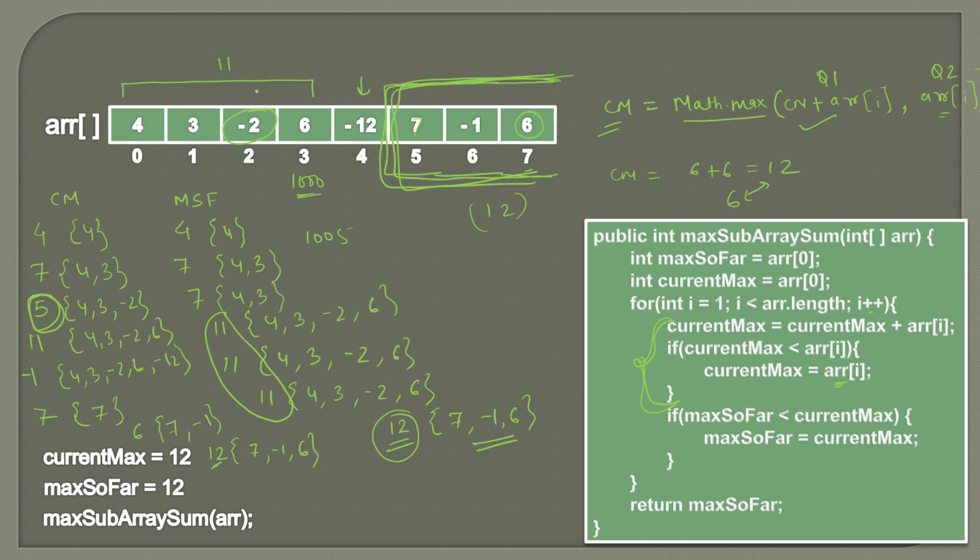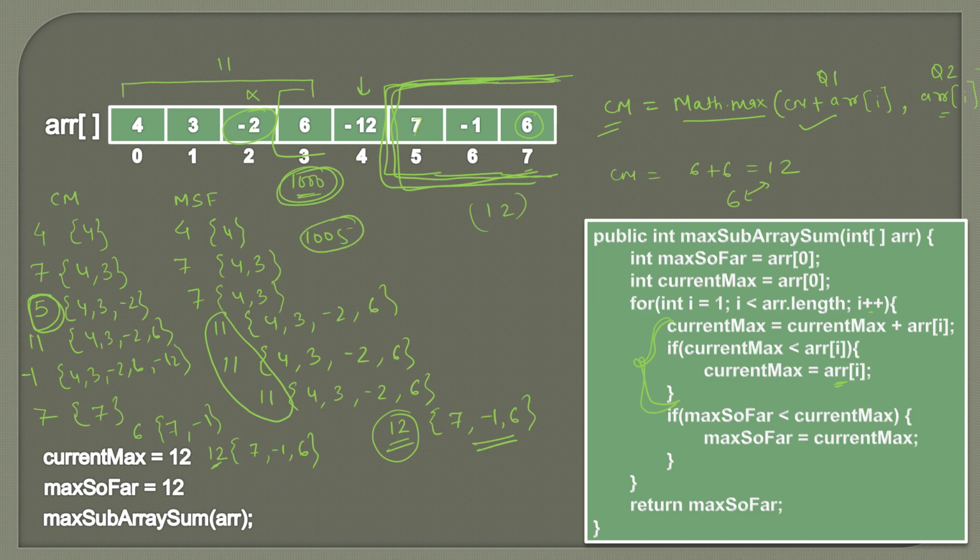But if we would have discarded this value, so from this part a new subarray would have been started, which only would have given 1000. So we are not sure what next element is coming up. So therefore we have included -2 because this value is less than this value.